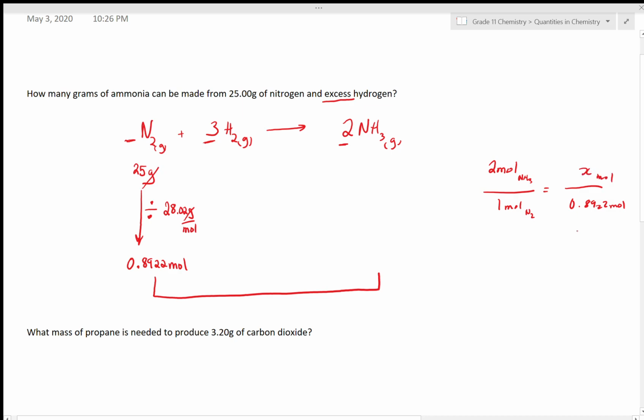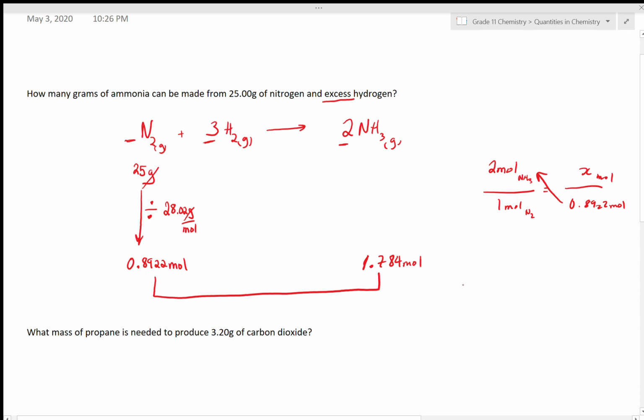And so I've set up a 2-to-1 ratio here. So if I want to find out what X is, I can just take the 0.892, multiply it by 2 and then divide it by 1, and I will get a value of 1.784 moles of ammonia that will be produced from that simple ratio.